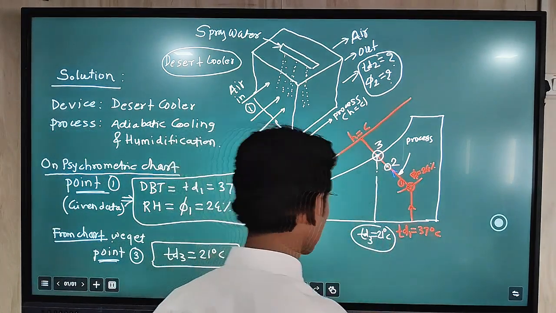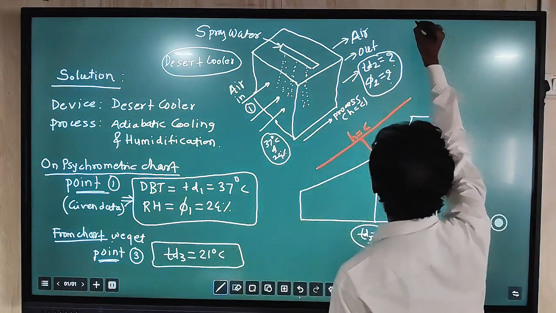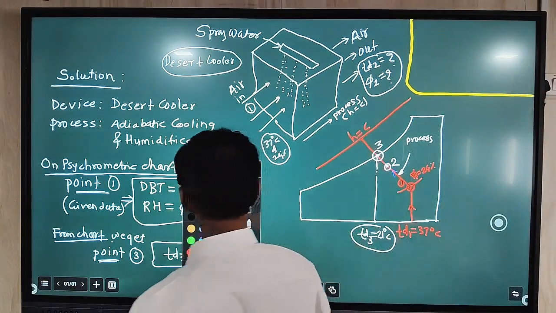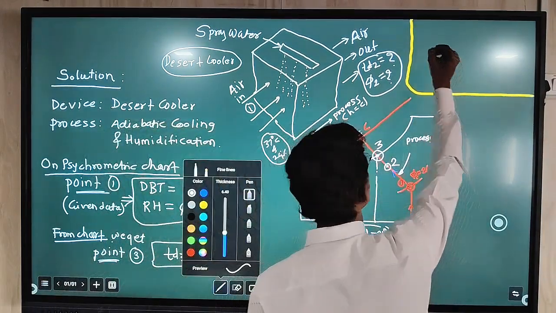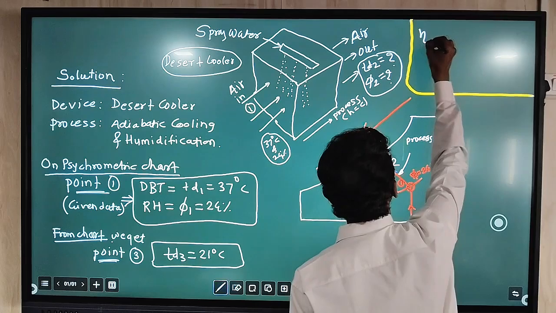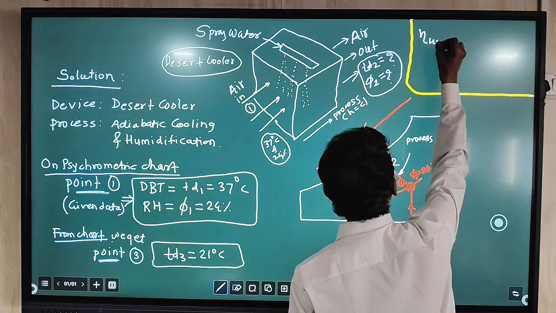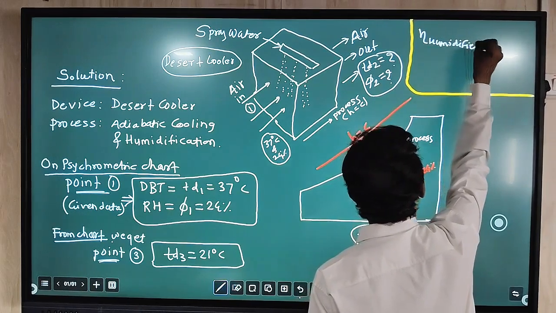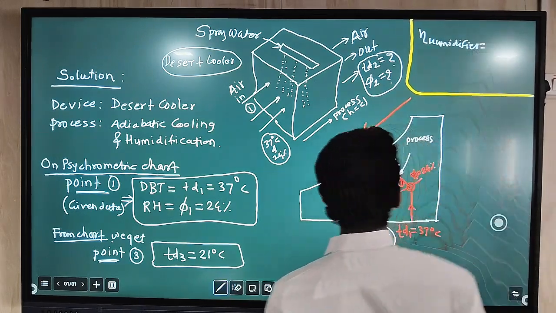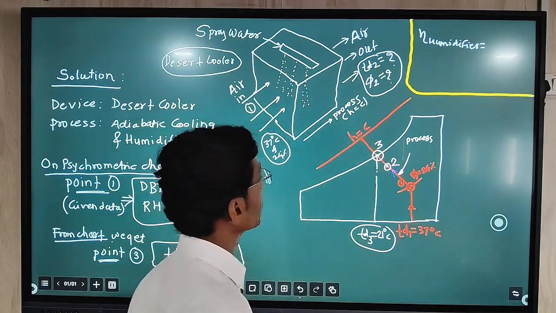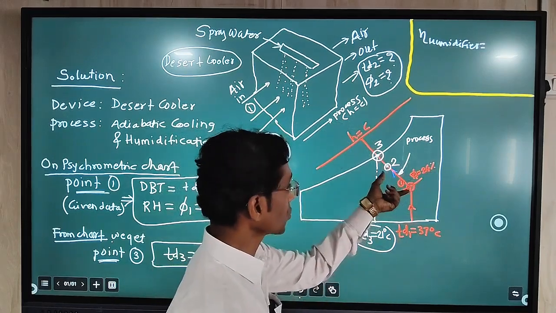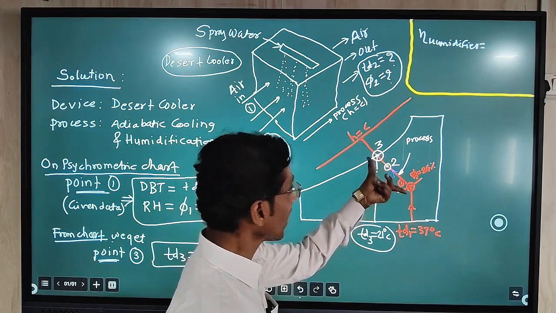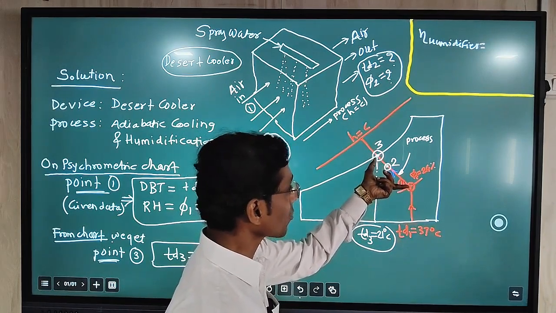So for that purpose we will use the efficiency formula, the humidifier efficiency formula. The humidifier efficiency formula is what? Here the process of humidification is shown, 1 to 2 is the actual process, and 1 to 3 is the ideal process.